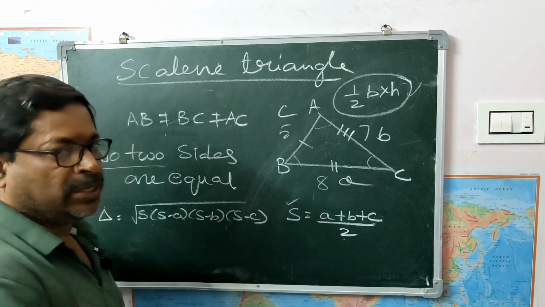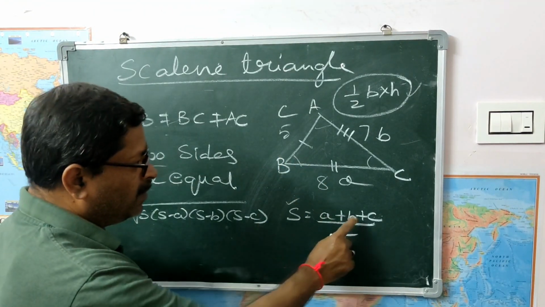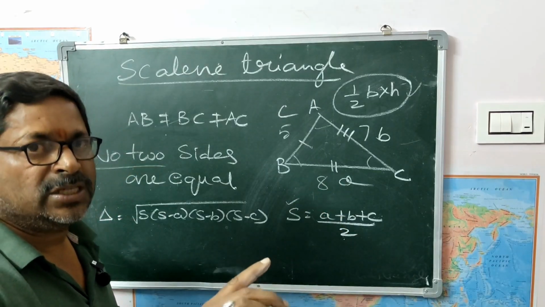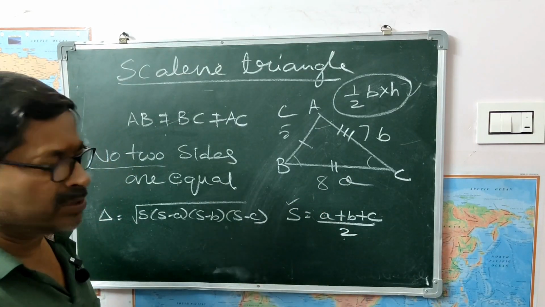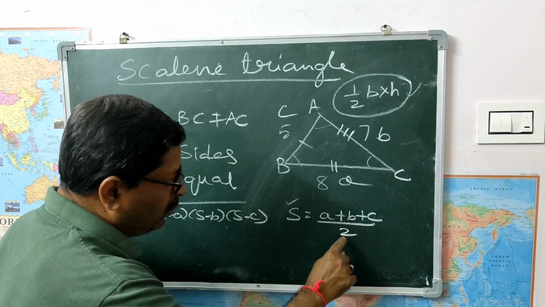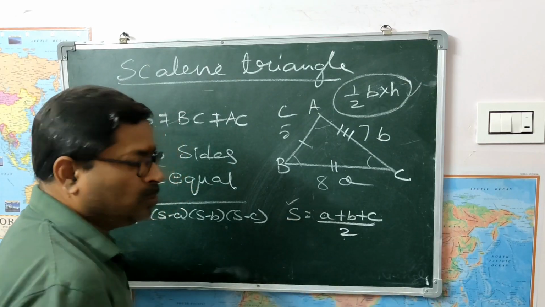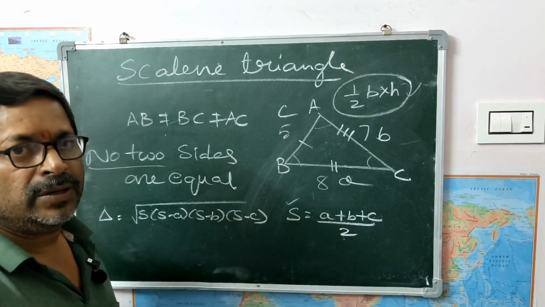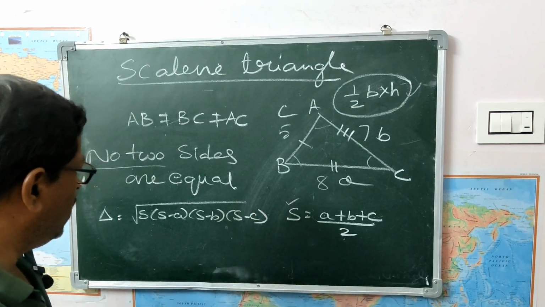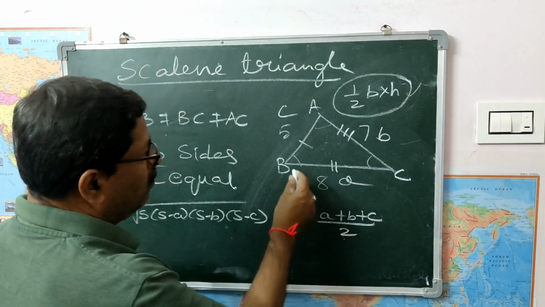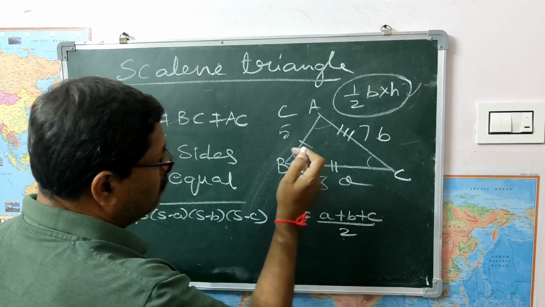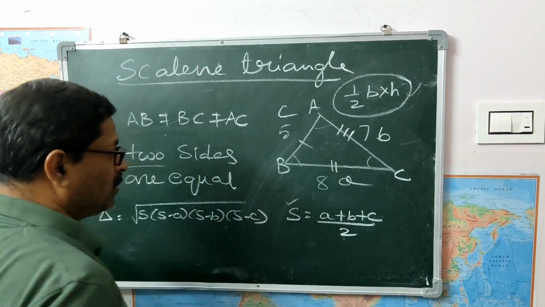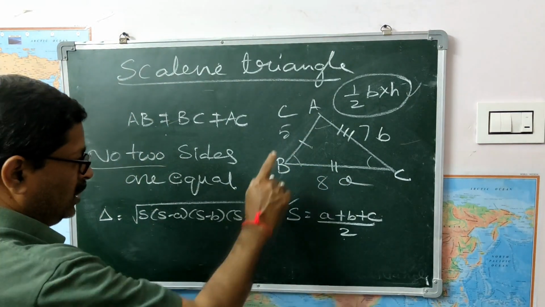That's why there is a division by 2. And what is A? A means the side opposite to vertex A. So B is like that, C is like that.